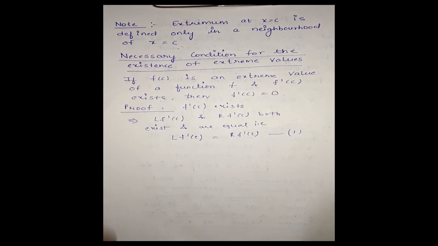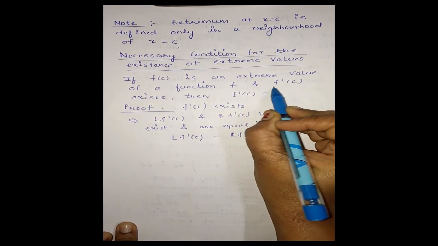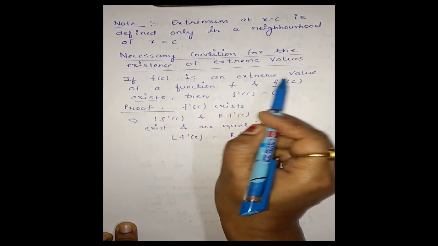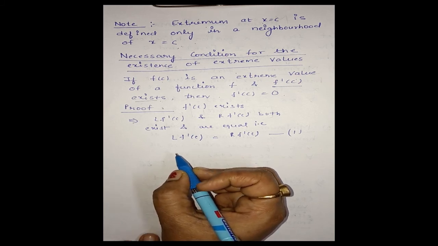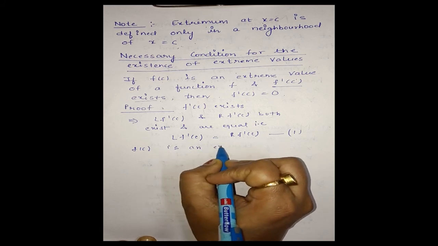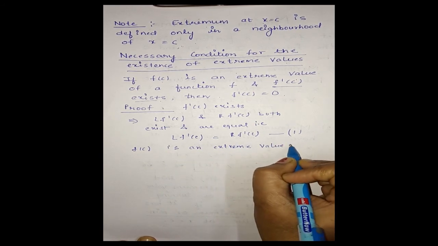We know this. Now, this is the first condition: f dash c exists. The second condition is that f(c) is an extreme value of f(x).